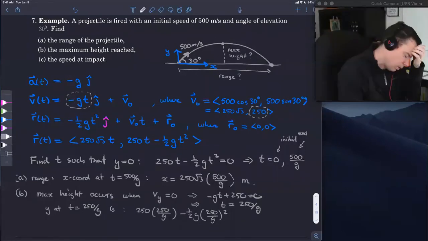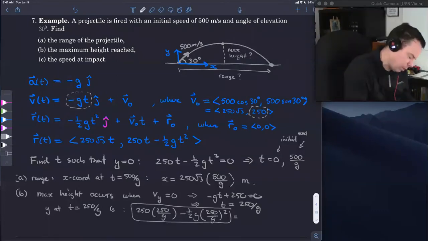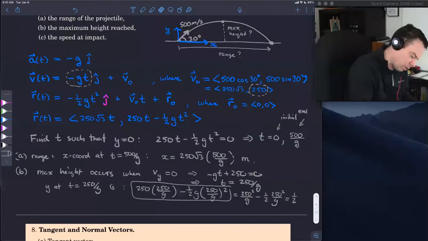I'm just filling in 250 over g for the variable t. And whatever this works out to be, we can simplify it a little bit. So it's 250 squared over g minus 1/2 250 squared over g. In other words, it's 1/2 250 squared over g. So 1/2 250 squared over g is our maximum height.